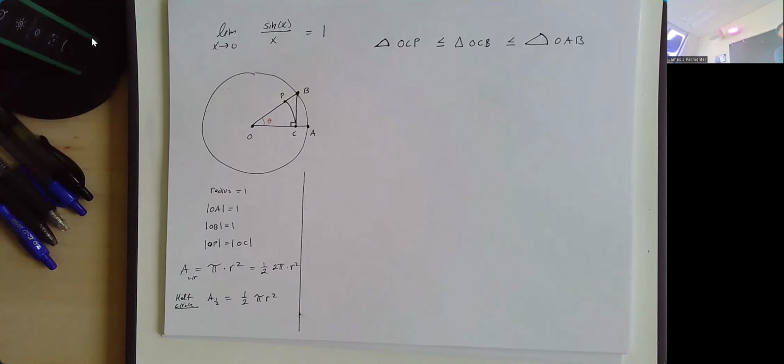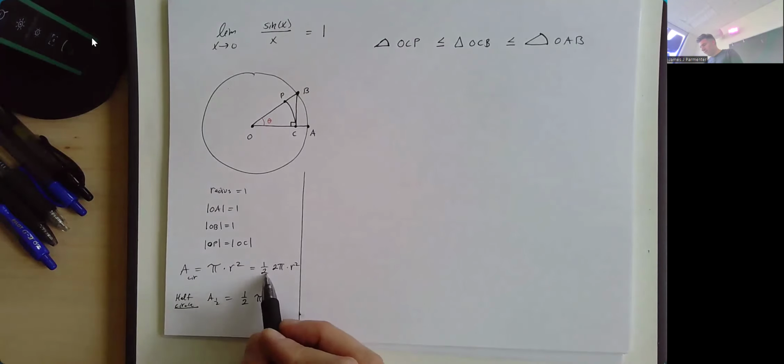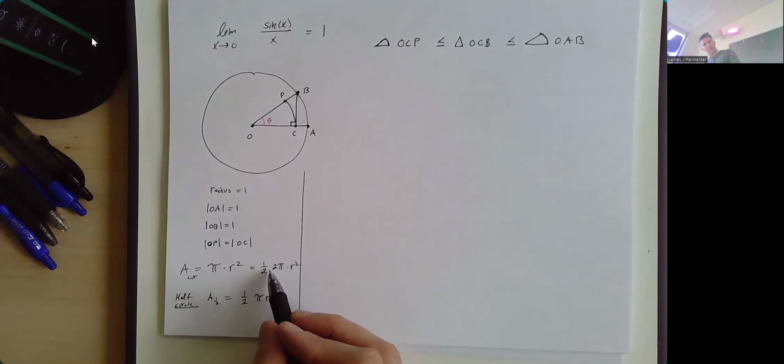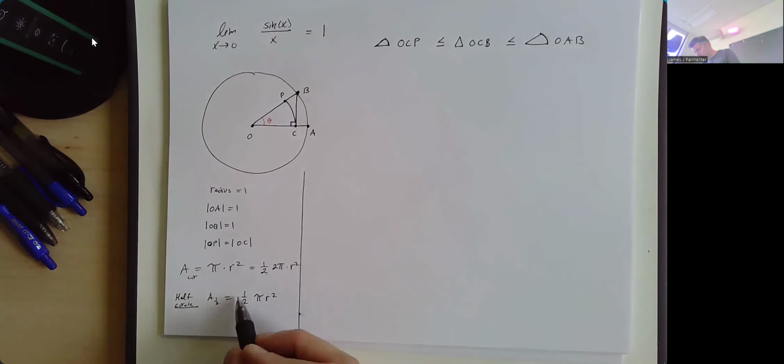Here's what I want to point out. In radians, what's the angle measure for one full circle? That's in degrees, which is correct. But what is it in radians? 2 pi. How about the angle for half a circle? Pi. Well, look, the area of the whole circle is 1/2 times the angle for the whole circle times r squared. The area for half a circle is 1/2 times the angle for half of the circle, pi, times r squared. And this formula is generalizable for any angle.